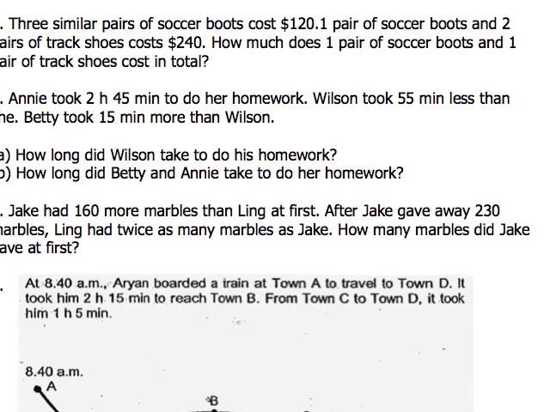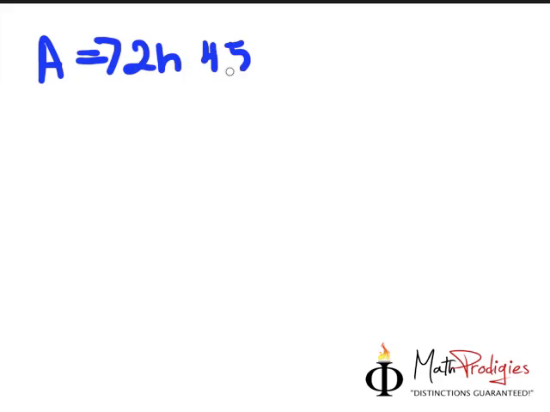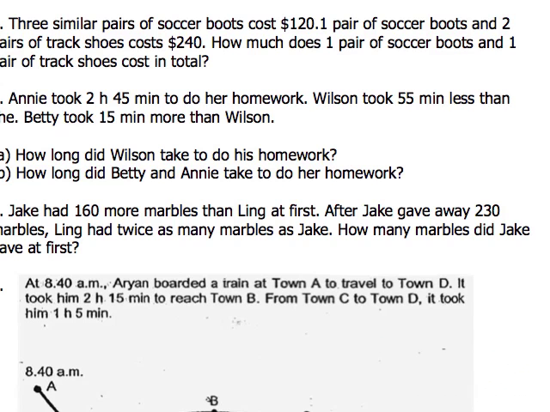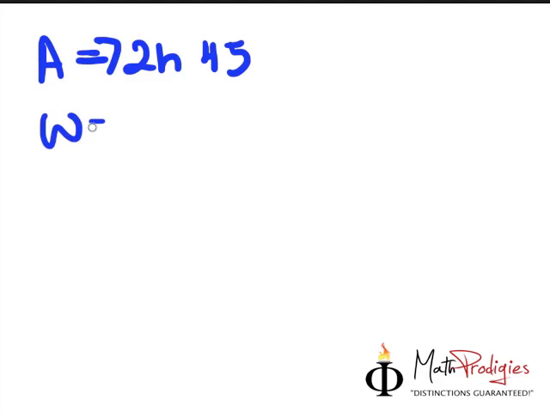So first off, let's write it out. Make it very clear to us in a visual format, in other words, something that we can see. So Annie took 2 hours and 45 minutes. Then what's the other person's name? Wilson. Wilson took 55 minutes less than her.